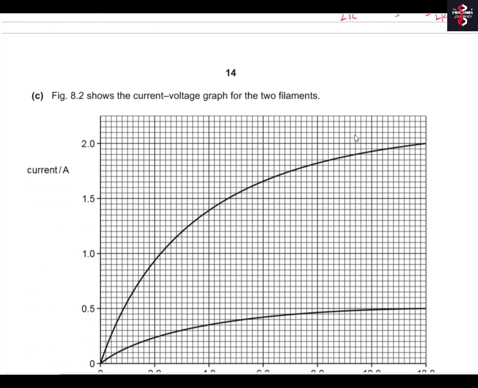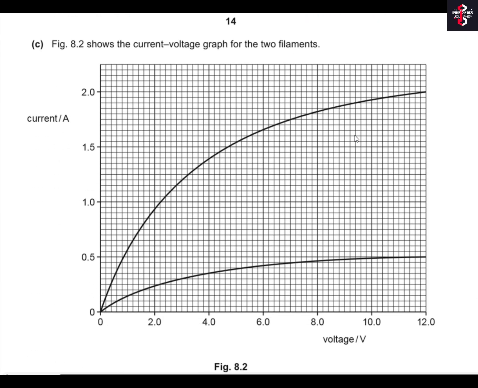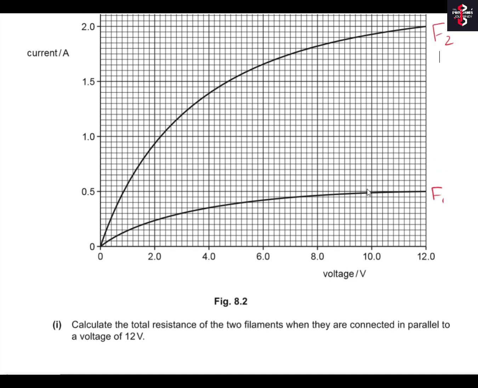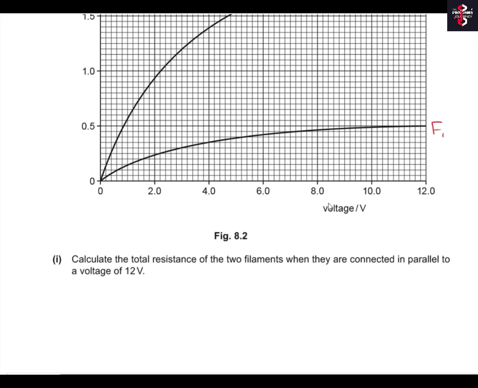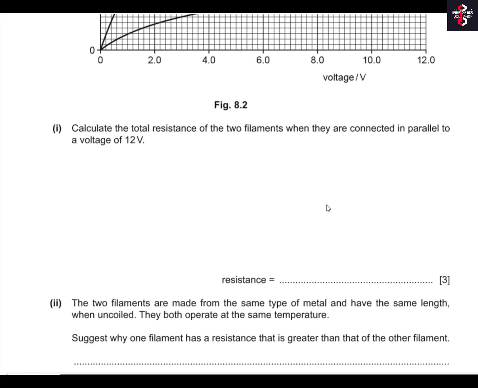Now part C. Figure 8.2 shows the current voltage graph for two filaments. Let's suppose this is F1, filament 1, and this is filament 2. Remember that the voltage for both filaments is 12 volt, and the current for filament 2 is 2 ampere and for filament 1 is 0.5. Calculate the total resistance of the two filaments when they are connected in parallel.